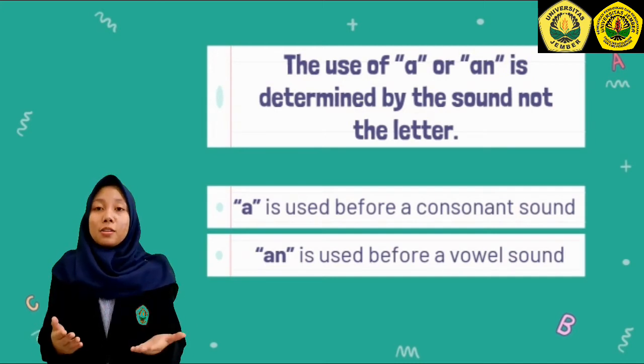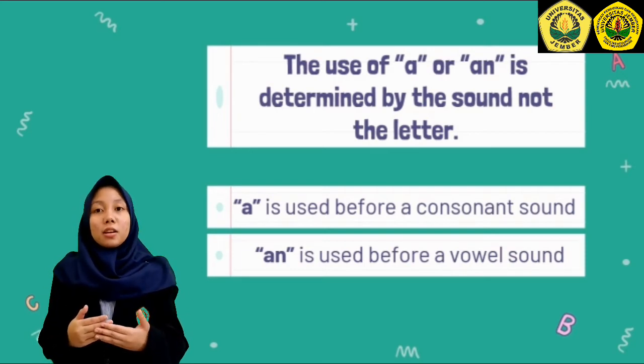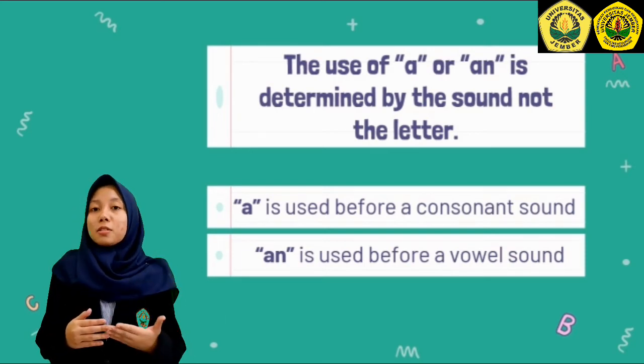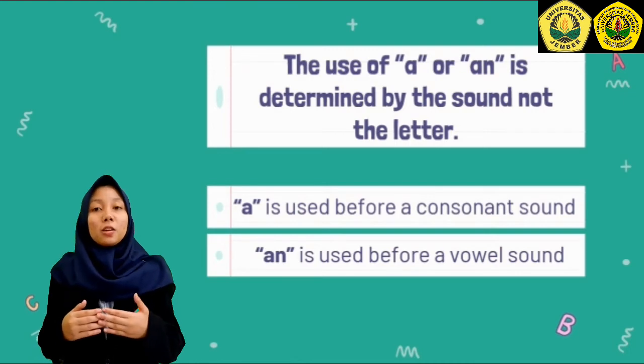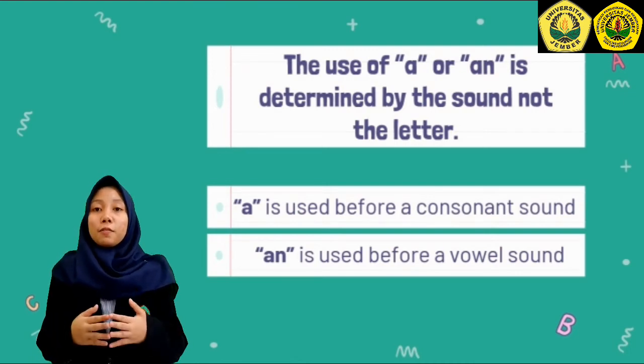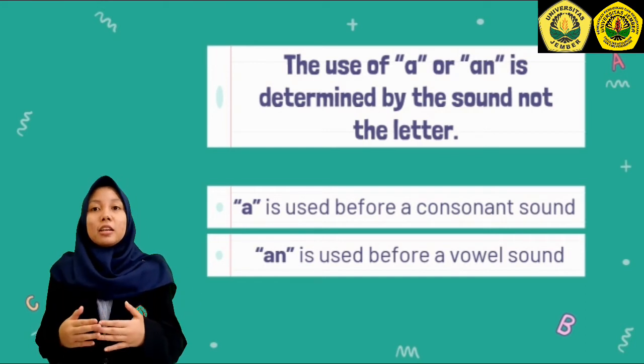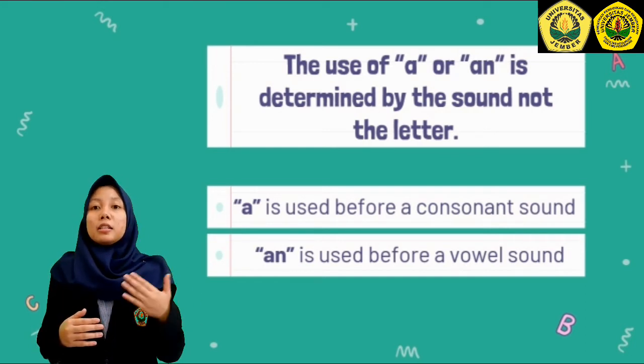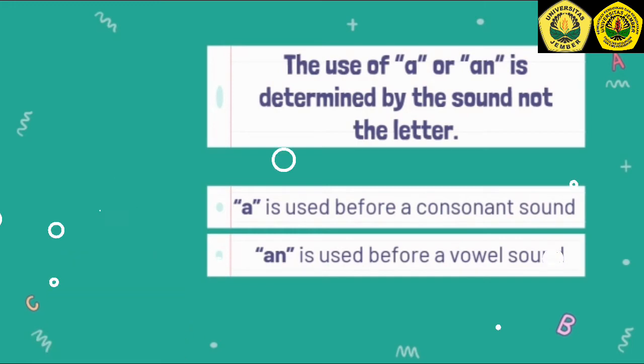The word sound is important because a consonant may create a vowel sound and a vowel may create a consonant sound. Therefore, the use of articles "a" and "an" is determined by the sounds, not the letter.